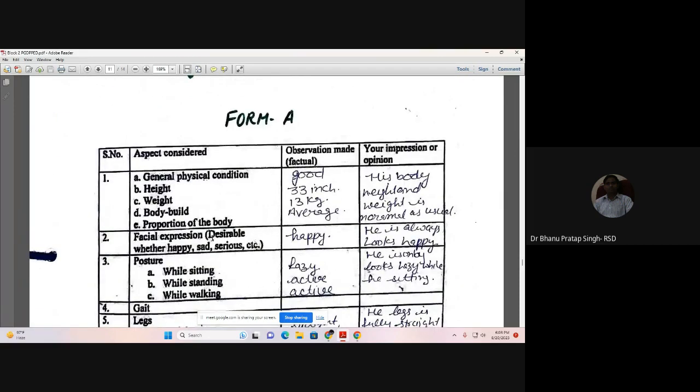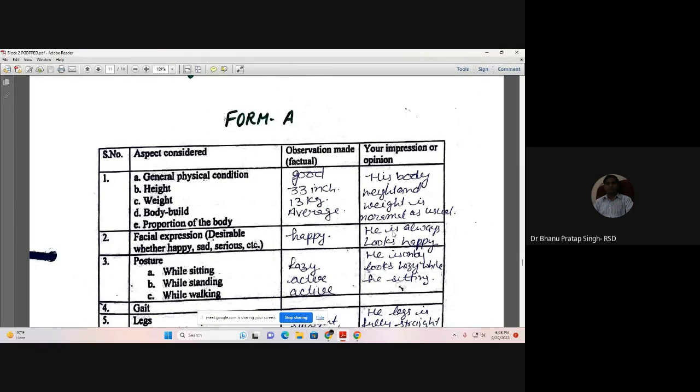Yes, this is good. Why is it good? Because she has taken a particular format. And as I discussed, the format will be very helpful for completing your project as well as the activity. So she has written factual information correctly. General physical: height, she has taken 33, and weight.